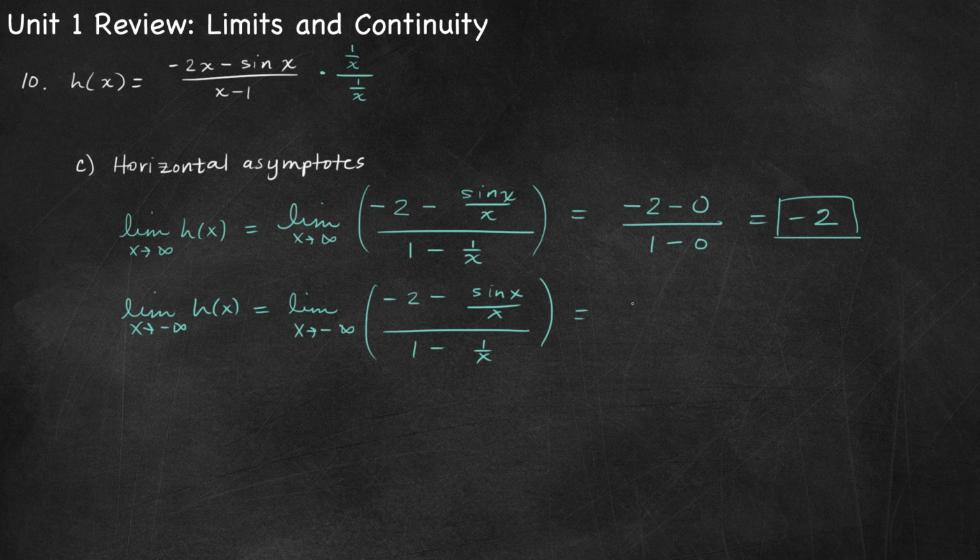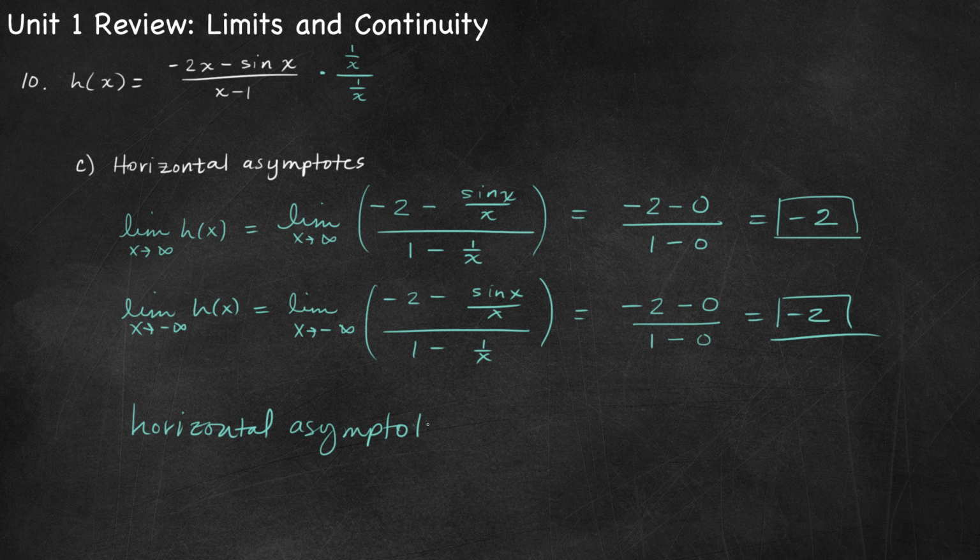As x approaches negative infinity, this is going to give me negative 2 minus 0 still, over 1 minus 0 still, so also negative 2. So we have a horizontal asymptote at y equals negative 2.